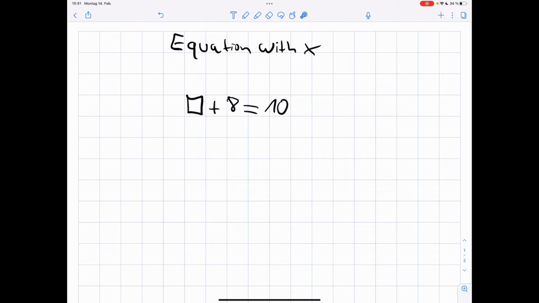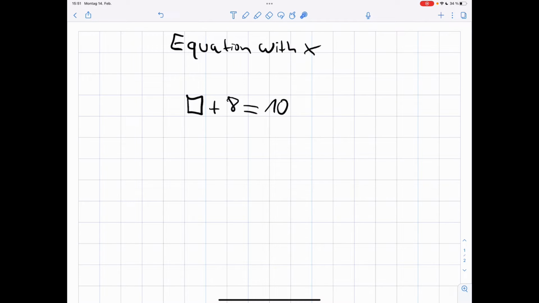So the first step is to think of this equation as already solved. So the right number is already inserted here, and it is true that the left side equals the right side. So this is one way to look at it.